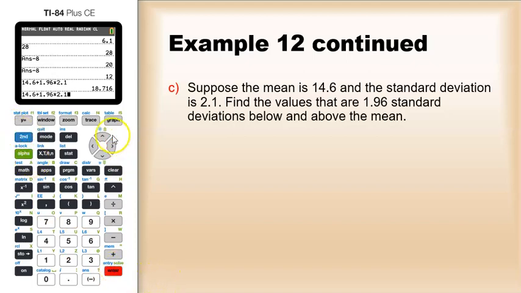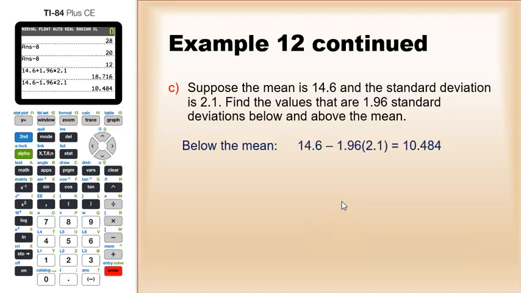Now I can do the same calculation, except change that plus to a minus. Below the mean, 14.6 minus 1.96 times 2.1 equals 10.484. Above the mean, I add that 1.96 times 2.1, which gives me 18.7.